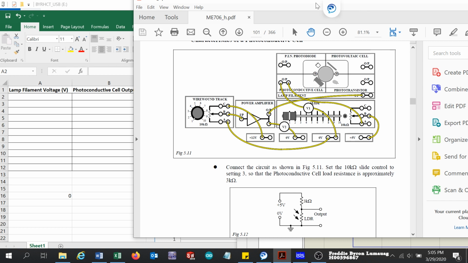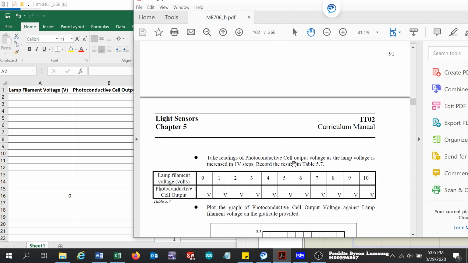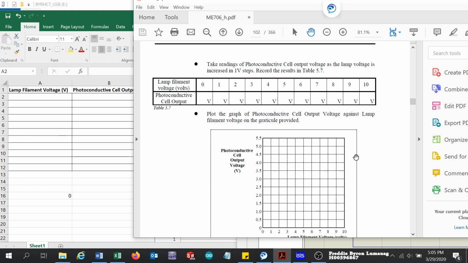So we will connect now the circuit. So we have here the graph. Okay, so we will take the voltages from 0 to 10, and we have to record the voltage output across the LDR, and we have to plot the characteristics on this blank table.